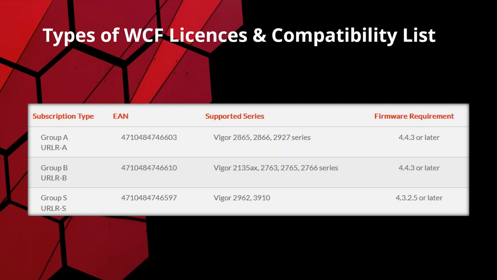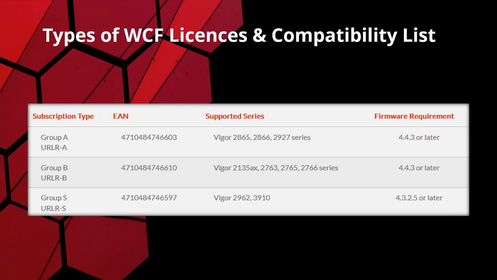The only difference is that different routers may have different individual functionality in what you can do and enable, but when it comes to the subscription, what you're getting is the ability for the router to activate and send queries to the central database, to the central server.